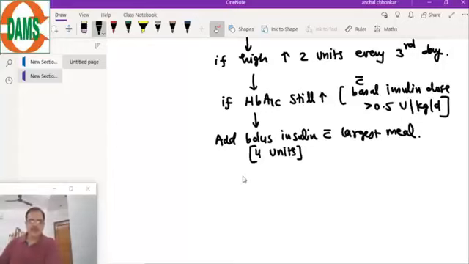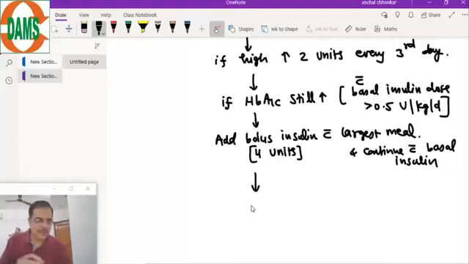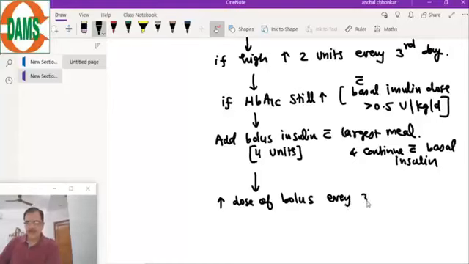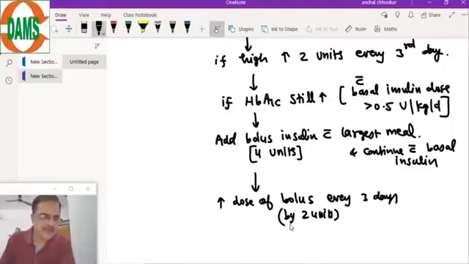and we will follow the same protocol. We continue with the basal insulin, whatever the patient is taking, and we will increase the dose of bolus every 3 days by 2 units.